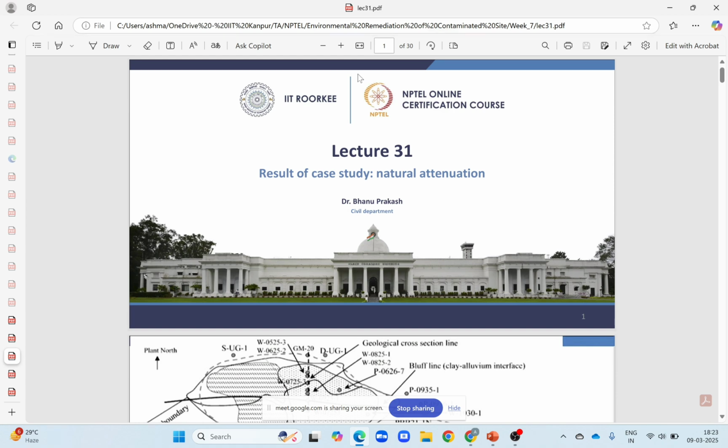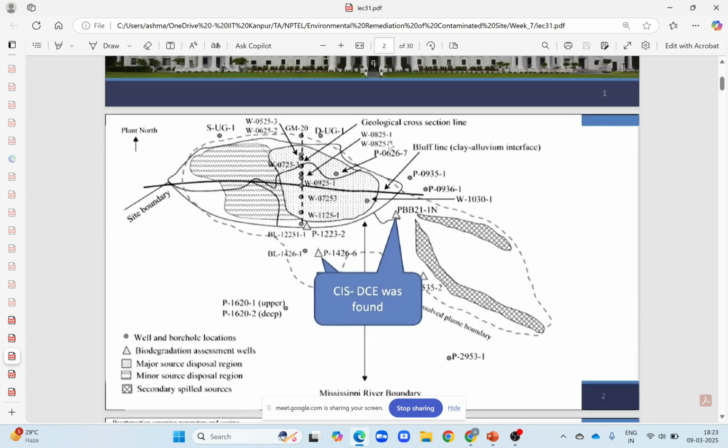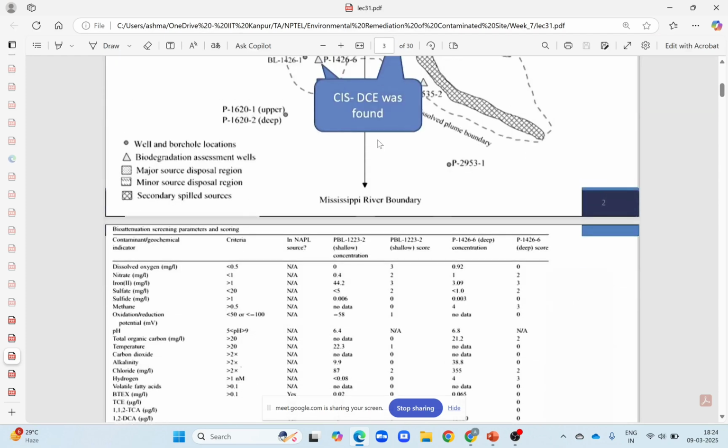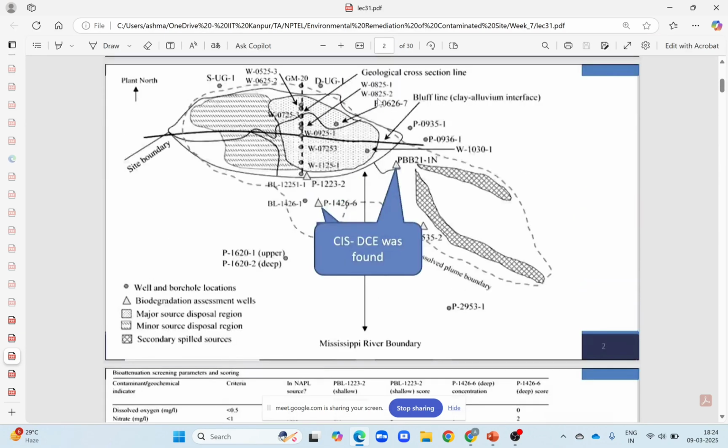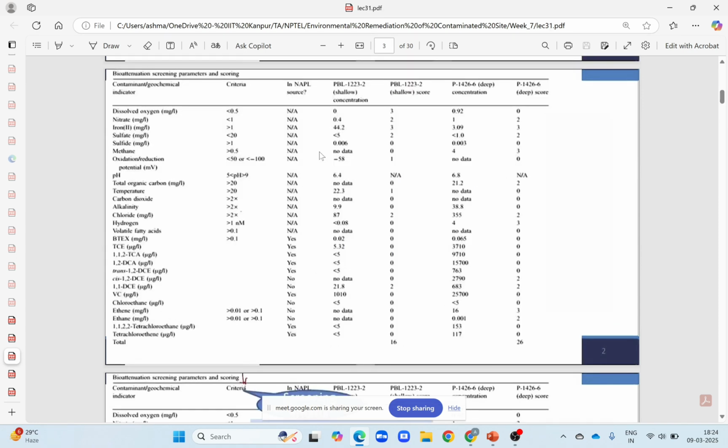The first lecture covers the result of the case study from week 6. There was a site contaminated with TCE, and there was a river nearby, and different types of soil sediments present in the aquifer. This table shows the screening parameters and scoring.